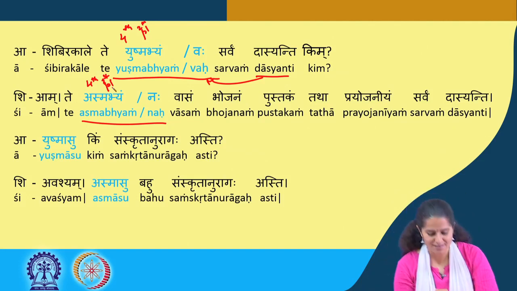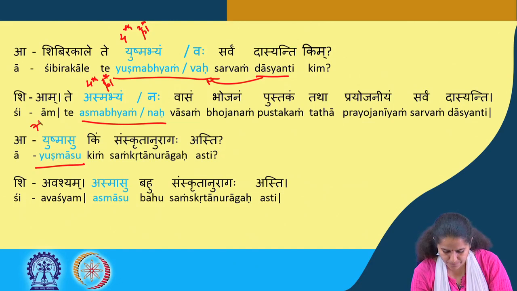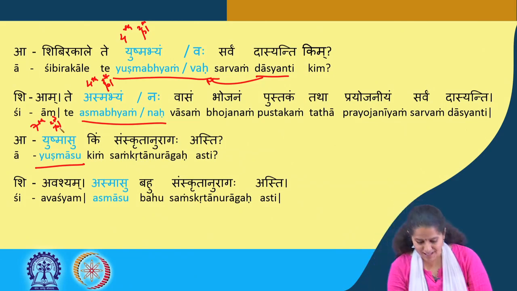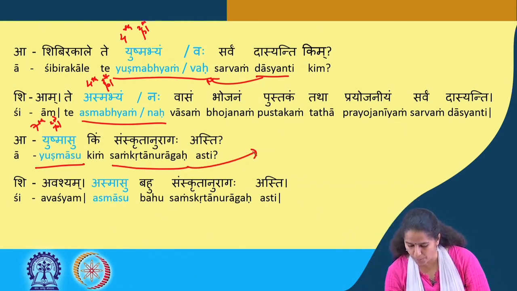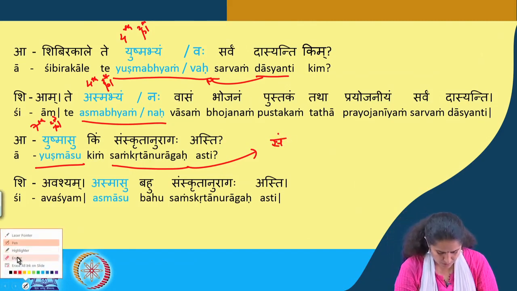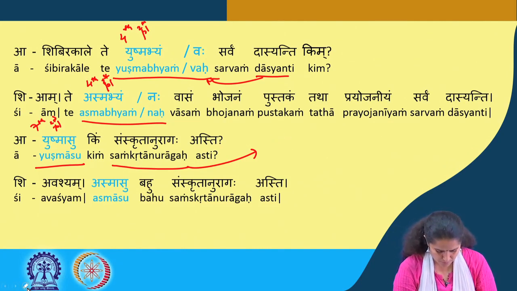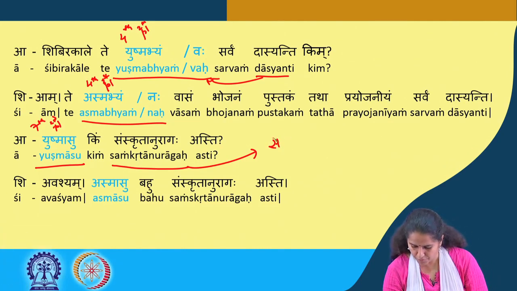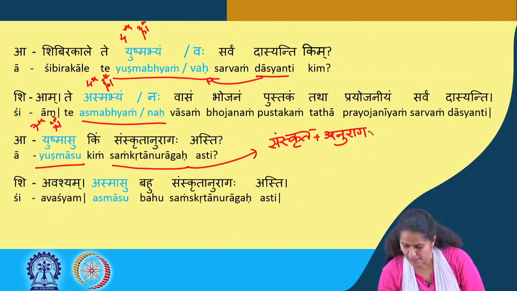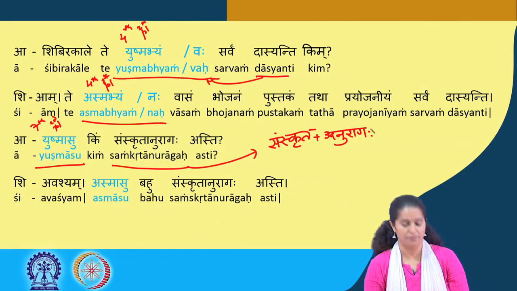Next, yushmasu, which is the seventh case for the second person plural. Yushmasu kim sanskritanuragah asti. Samskritanuraga is a composite of Samskrita plus Anuragaha. And I told you that we are going to be looking at different kinds of sandhis.